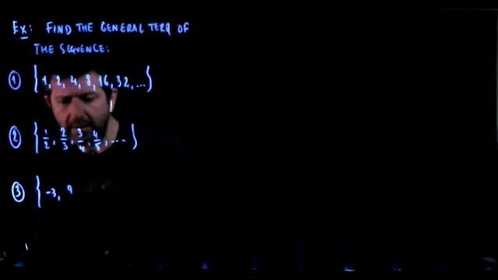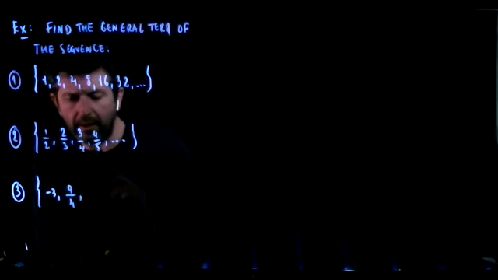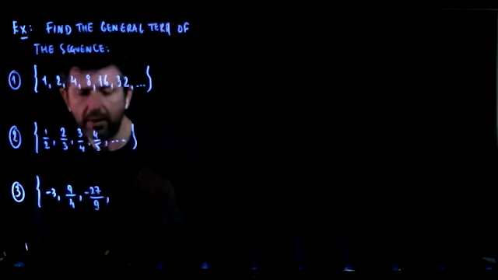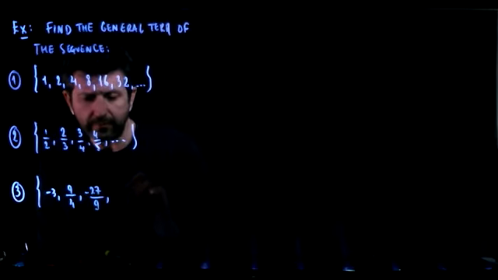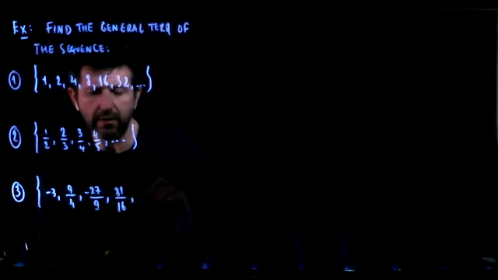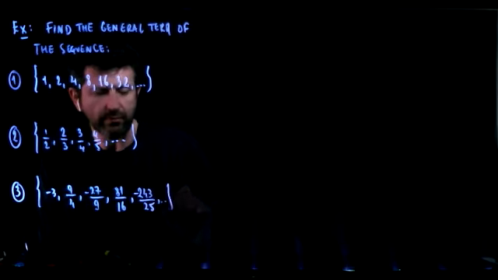Let's say 9 over 4, then -27 over 9, 81 over 16, and -243 over 25, and so on.